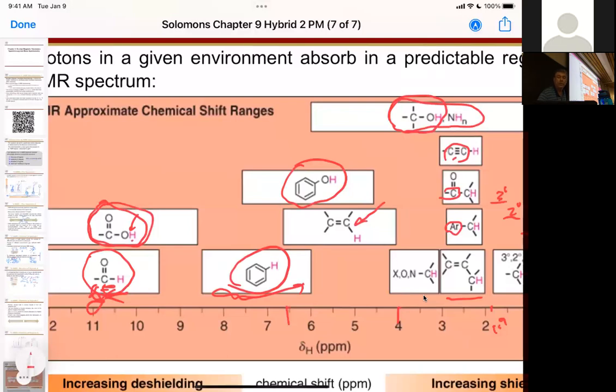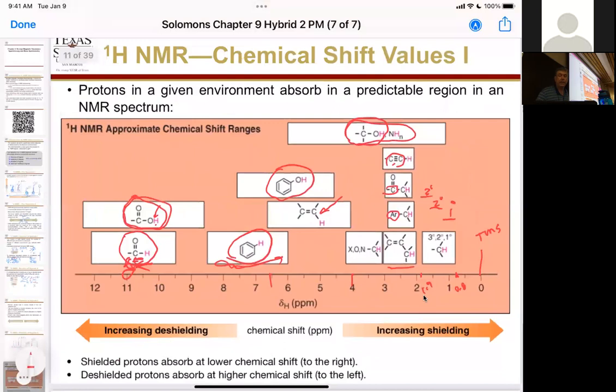Okay, so that's what I'd like to say on that, because what you can do is say, well, this one's going to be on this side of that, and this one's going to be on that side of that, just by looking at those general trends on where is it bonded, where is the electrophilic atom, the atom with high electronegativity. There you go.